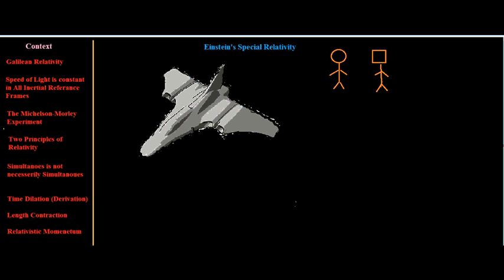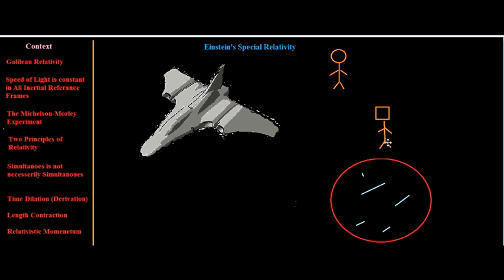Let's say you have this planet, and a person on this planet, and another person inside a spaceship. If the spaceship is moving with constant velocity, then the person inside thinks he's at rest and the planet is moving.